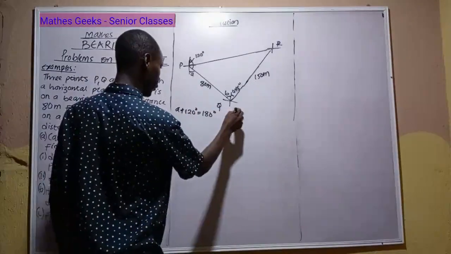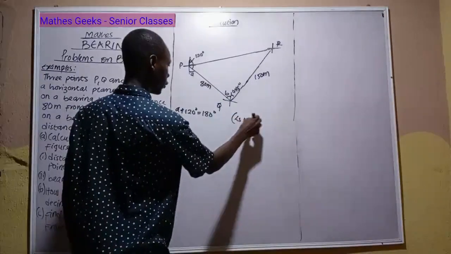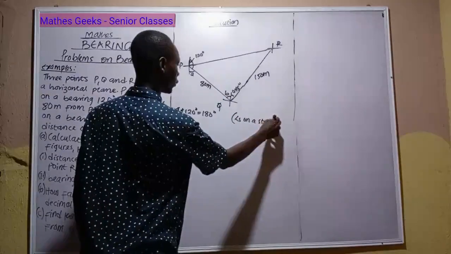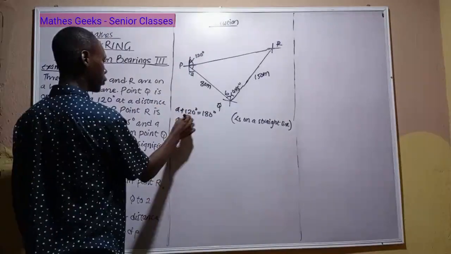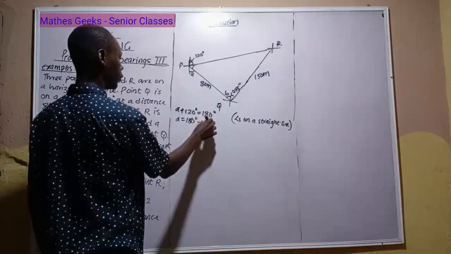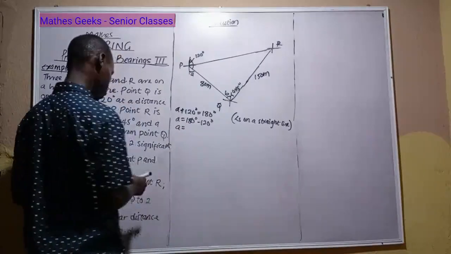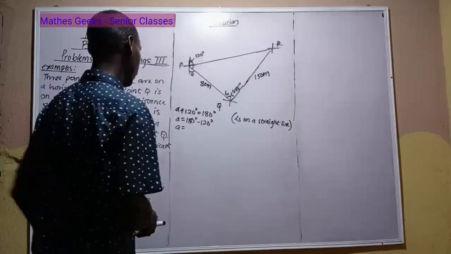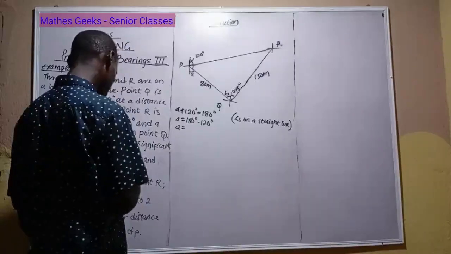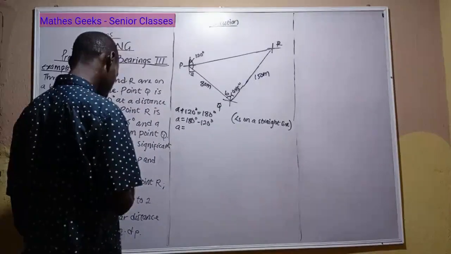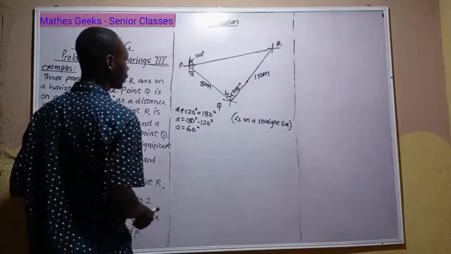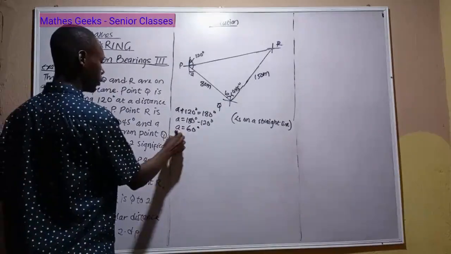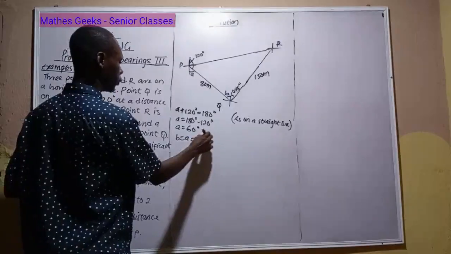This is angles on a straight line. So A is equal to 180 degrees minus 120 degrees, and A is equal to 60 degrees. So B is equal to A because it's 60 degrees. Why?